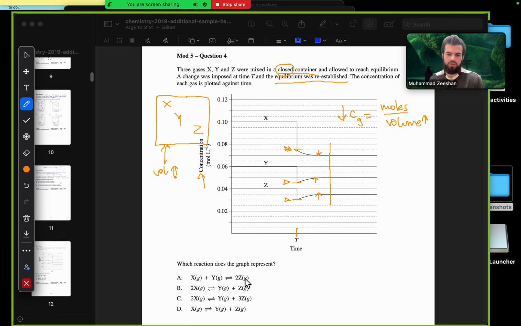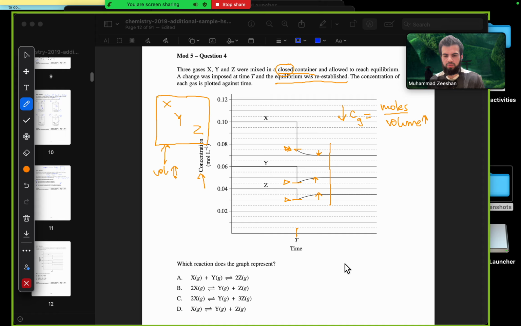So which reaction does the graph represent? X plus Y goes to 2Z. That doesn't really make sense because the concentration of X went down.